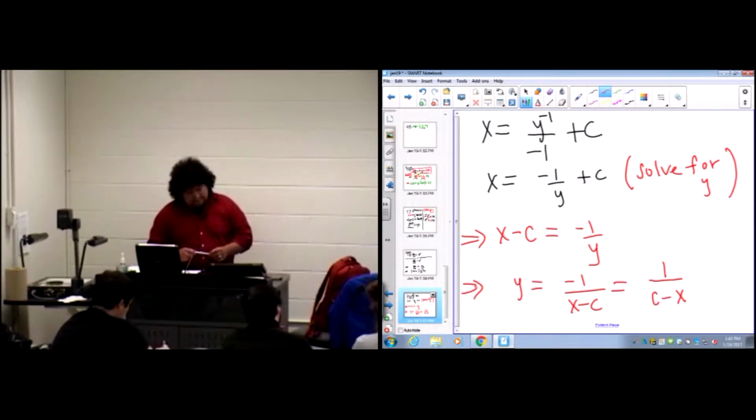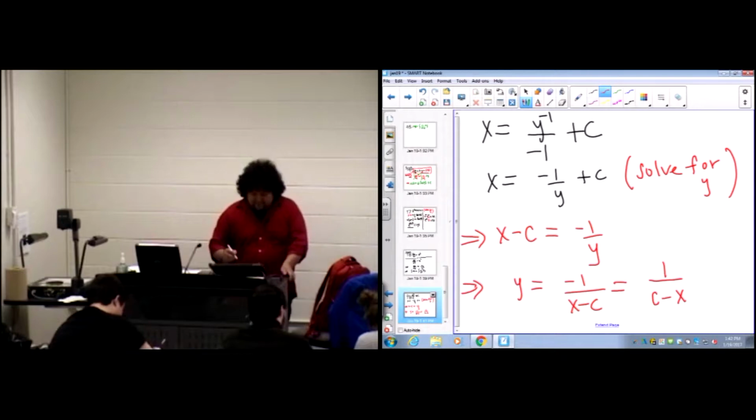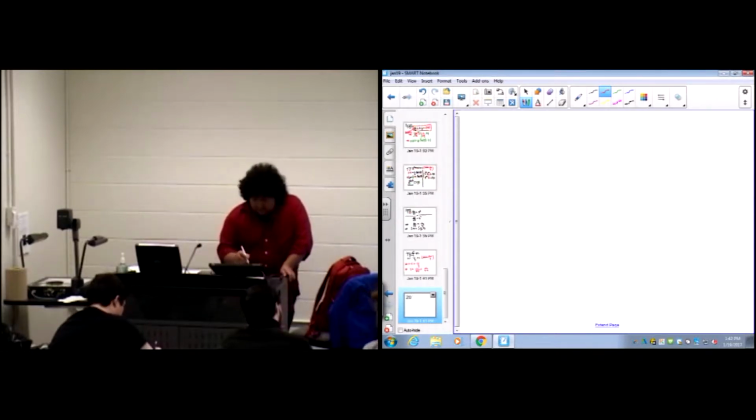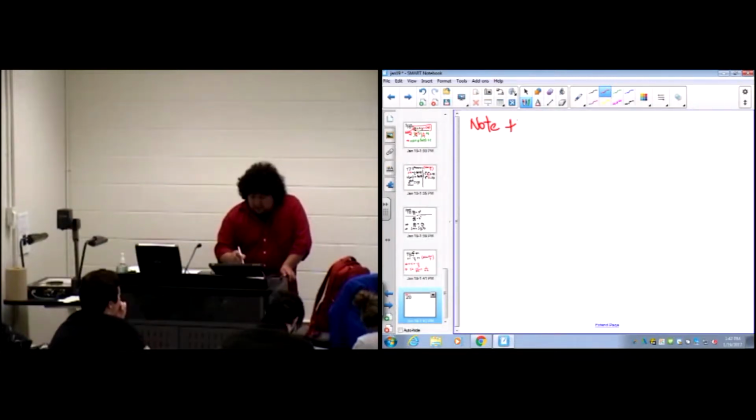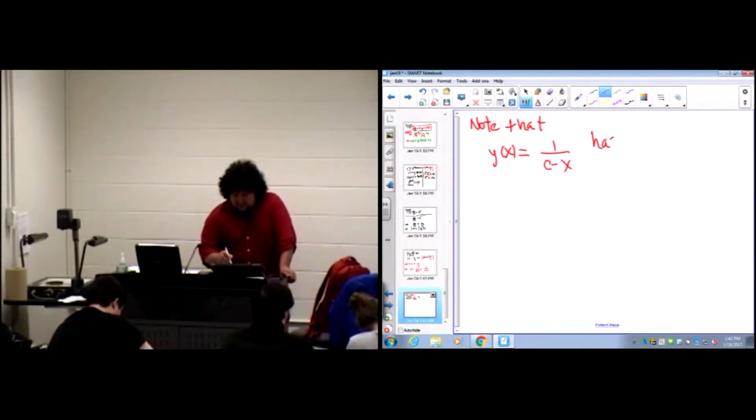Now, this as a function of x, we note that y of x being 1 over c minus x has the following domain.